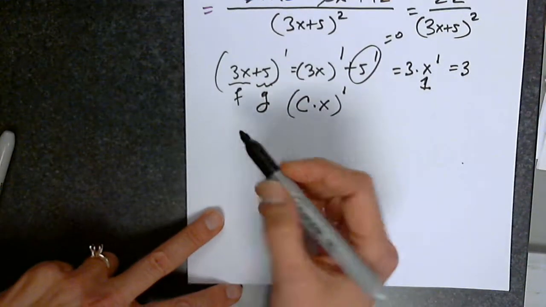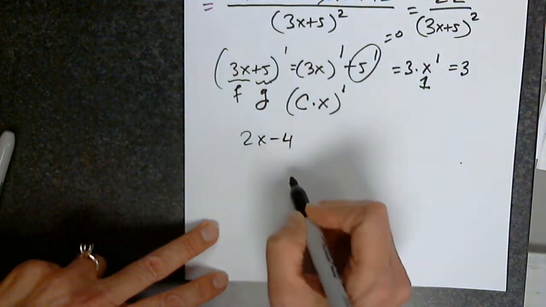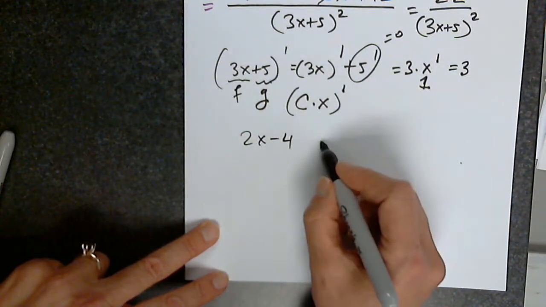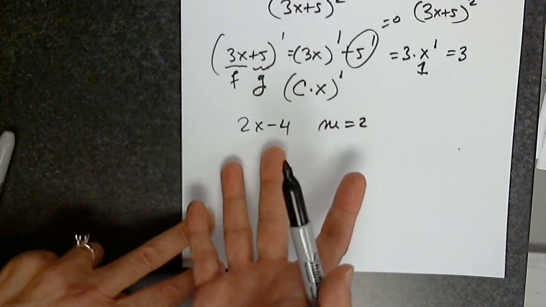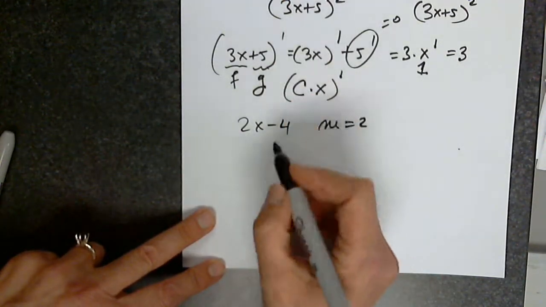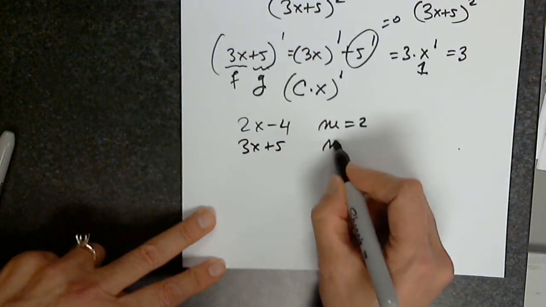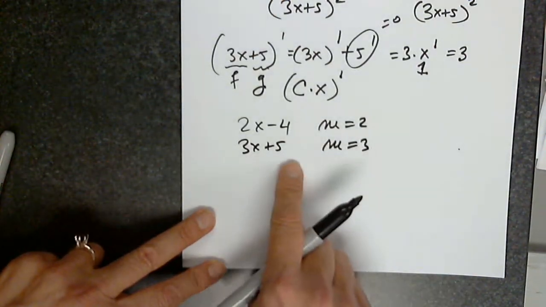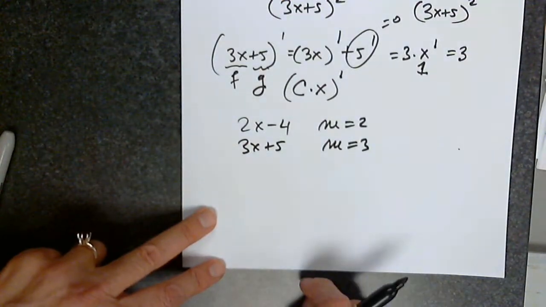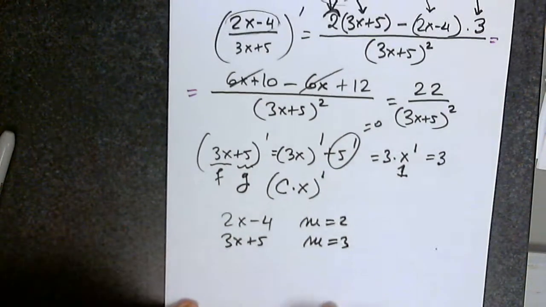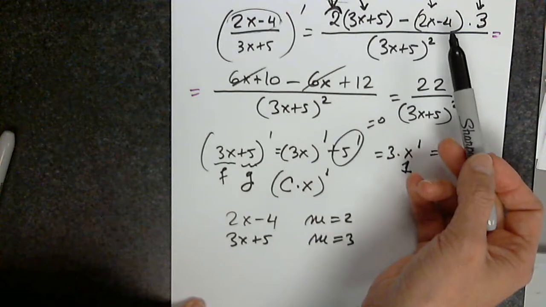Another way of looking at it is 2x minus 4. The slope is 2. Okay. So the derivative of this linear function is 2. With the other one is 3x plus 5. The slope is 3. So the derivative of this is 3. Okay. It's a constant. Rise over run. Is that better? Yes.